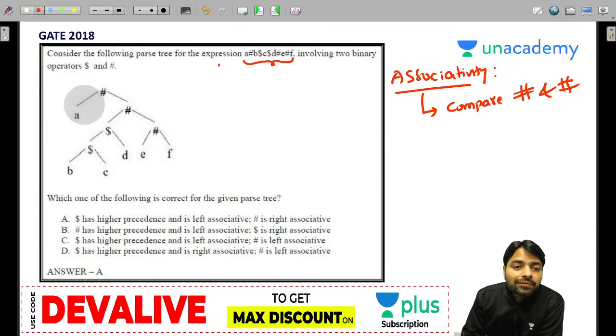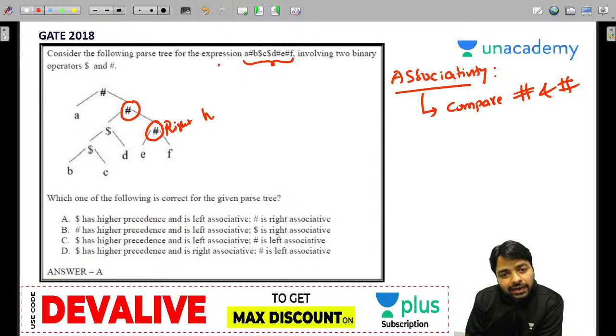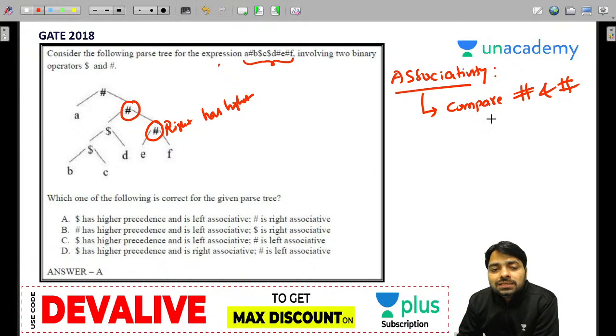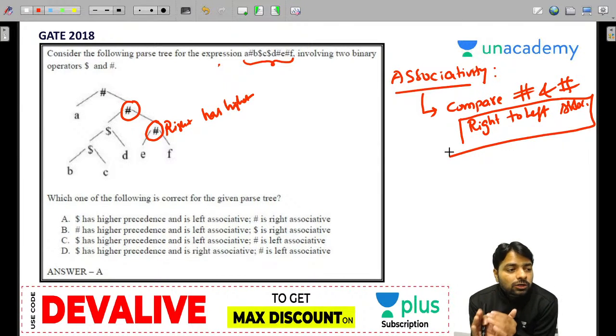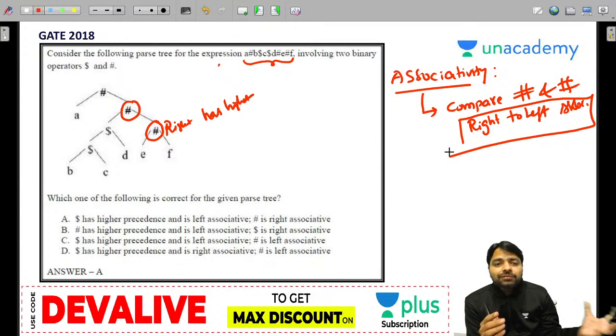Or you can do another way, there are two ash, this one also you can look at, this is right. Now here also right has highest, meaning it is right to left associative. It is right to left associative, guys. Look at that, right to left, because without evaluating the right operator it's impossible to go for the left operator.